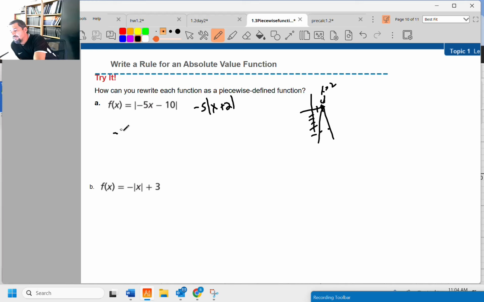One of your equations is as is, -5x minus 10, and that's going to be interesting.